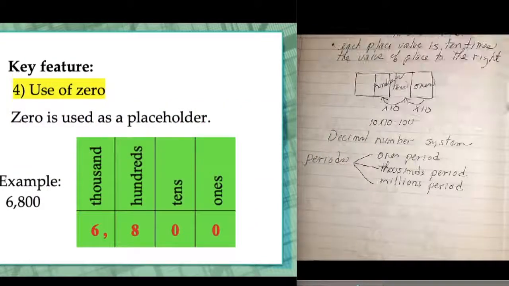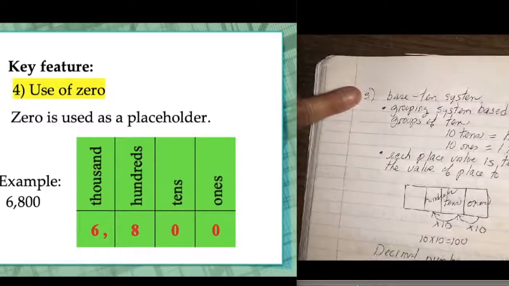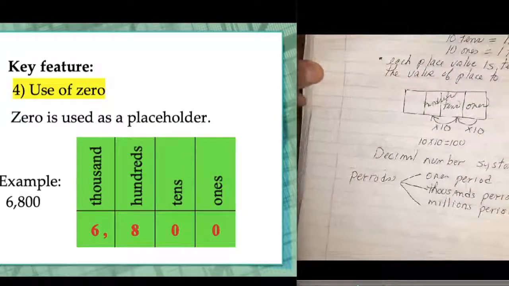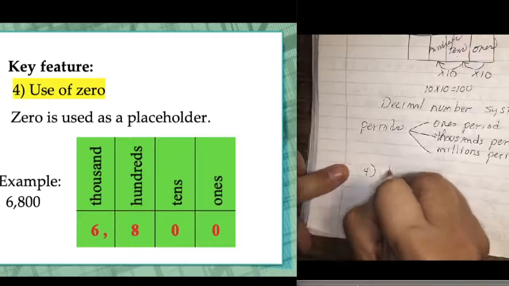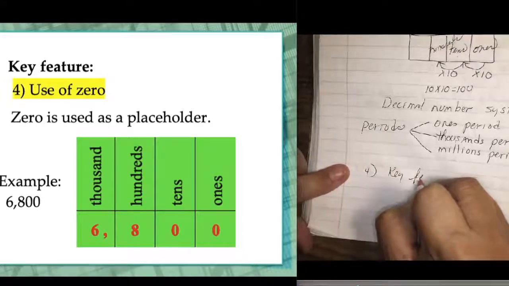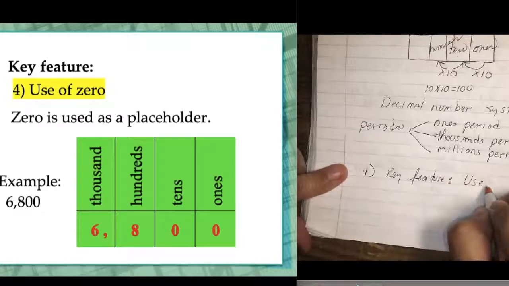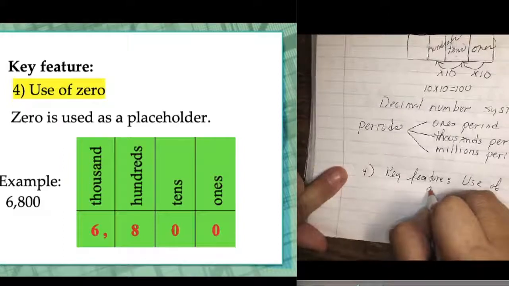So let's go back to our key features here. We already had number 3, which is the base 10 system, which is our groups of 10. Let's go to number 4. Another key feature is the use of 0 as a placeholder.